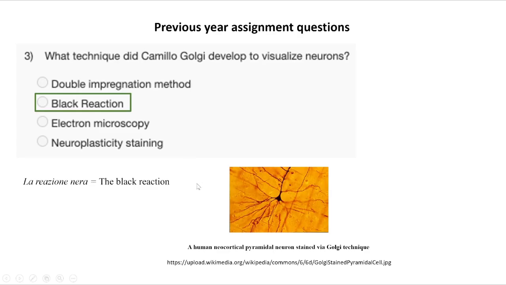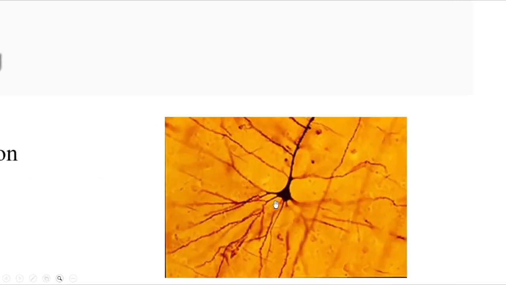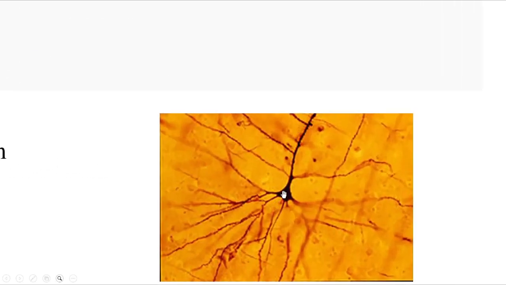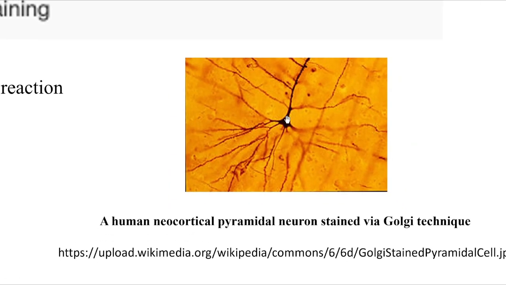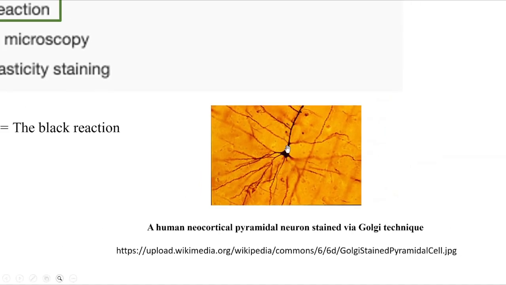So, what technique did Golgi develop to visualize neurons? It was the black reaction. And why was it called the black reaction? Here you can see a human neocortical pyramidal neuron. The deposition of the Golgi precipitate has made the tissue basically black. It's a silver staining technique, and I will come to the exact procedure in a minute.